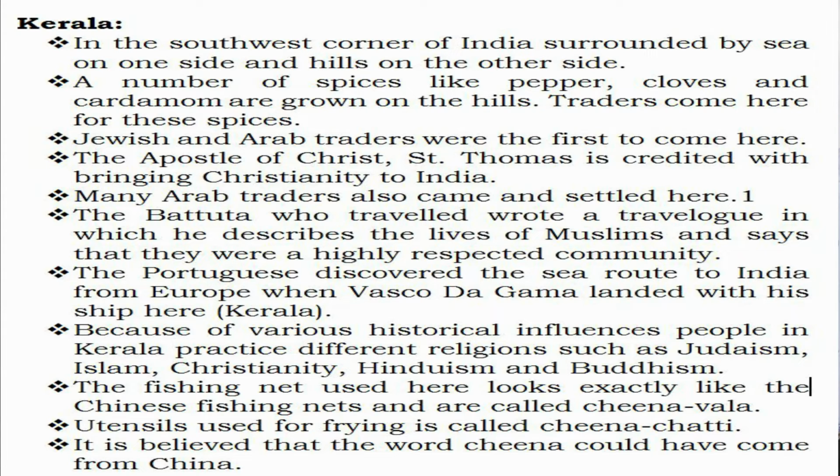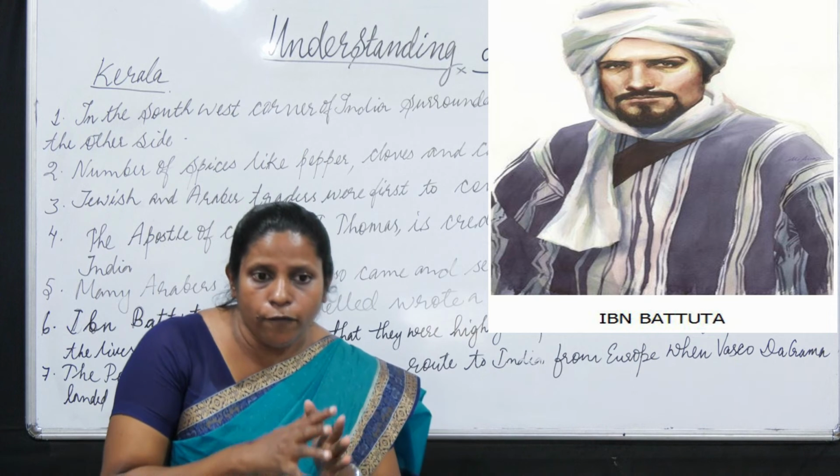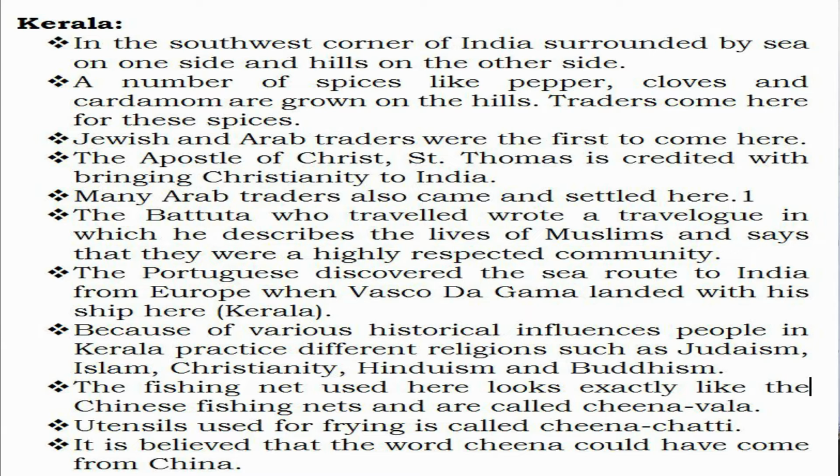Okay. Now come to, again, you can see the Jewish people. In Israel, most of the people are Jewish. Okay, and same case, one Arab trader also came to this Kerala and settled here, and that person's name is Ibn Battuta. You can see the picture that he is one of the travelers who wrote a travelogue.